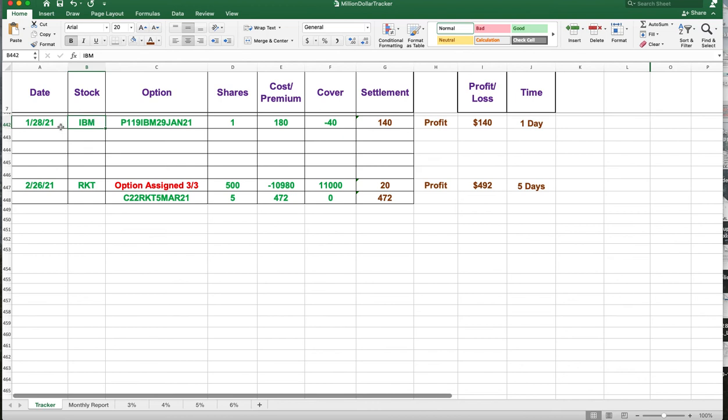So what we did up here for the put option, we went against IBM. I picked a lower price. I picked the strike price of 119. What happened was it was over 120. So therefore it did not break 119 or below. So therefore I was not exercised. I did not get put to stock.